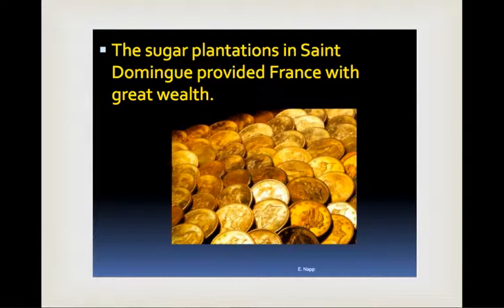So at this point, we've learned that there's sugar plantation, there's slavery on the island in Saint Dominique. So it's making the French government, the French people, very wealthy, because they're able to produce the sugar and sell it all around the world, and the slaves are doing it without getting paid.